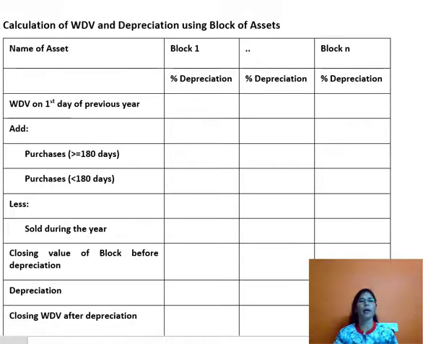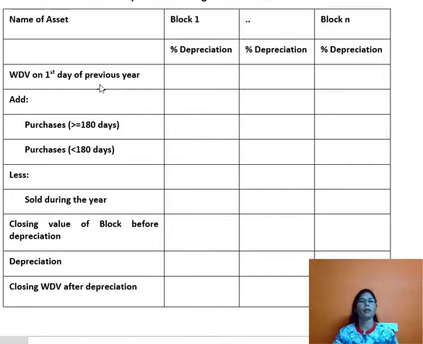Calculation of written down value and depreciation using block of assets. We take the different blocks of assets like block 1, 2, number of blocks. First we shall take the written down value on the first day of the previous year, that is 1st April 2019.